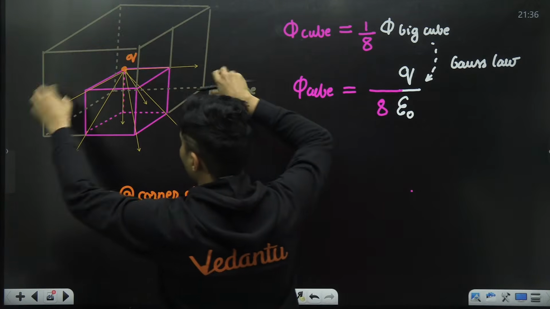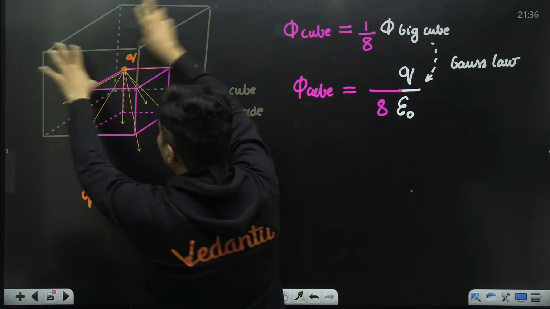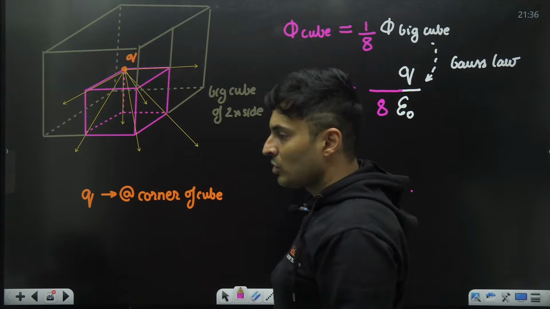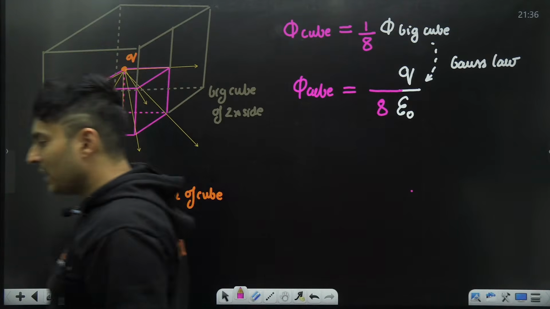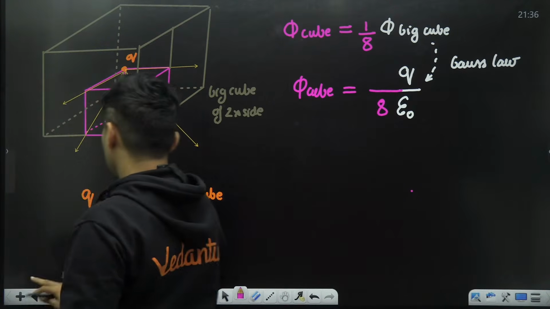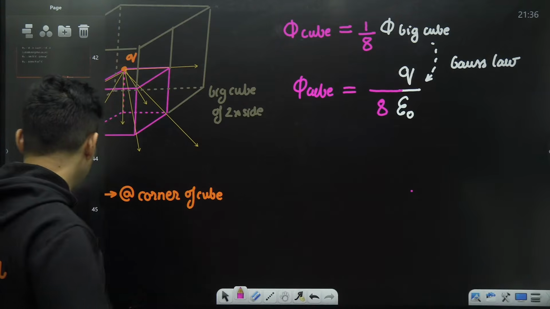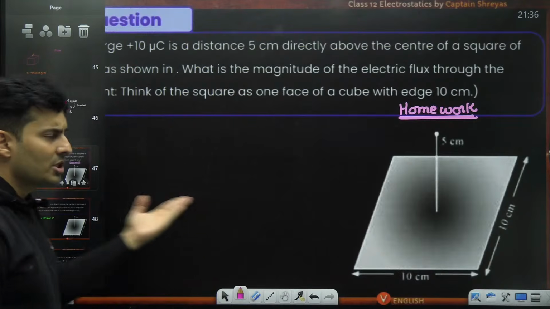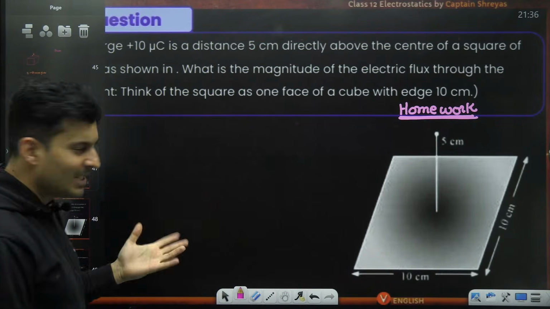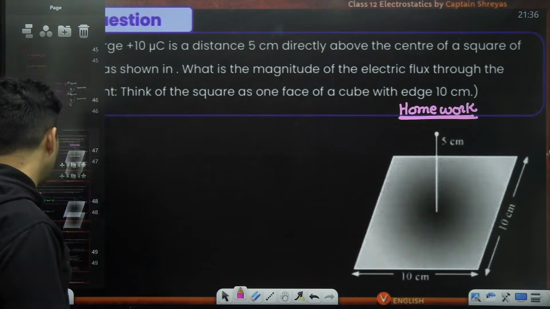So whatever is there, 1/8 is going here, because you can imagine 8 such smaller cubes making that big cube, right? You might have played with a Rubik's cube or whatever. So that gives you that idea. Everyone with me on this? Awesome. So I think this homework question you will be able to do after this. If you see the side lengths, you will quickly understand which kind of question it is.